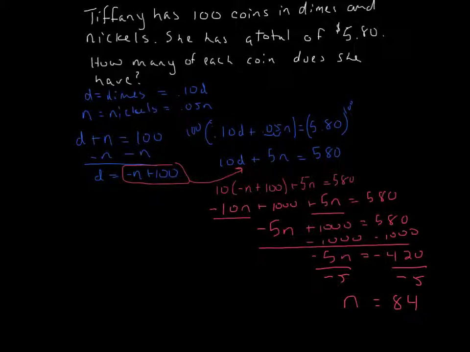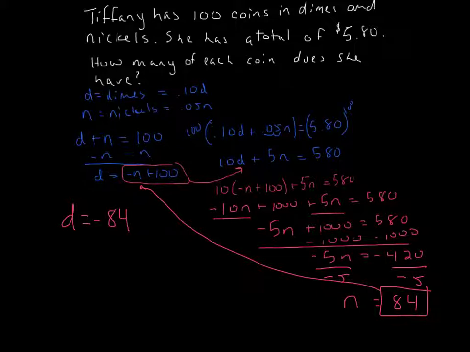So now we just need to figure out how many dimes we have. So we take that and we plug it back in for N. So we got D equals, now it says negative N, so it's negative 84 plus 100. Okay, and so the number of dimes equals 16. And if you put this all back in, dimes is 10 cents each, so 16 times 10 cents gives you $1.60.